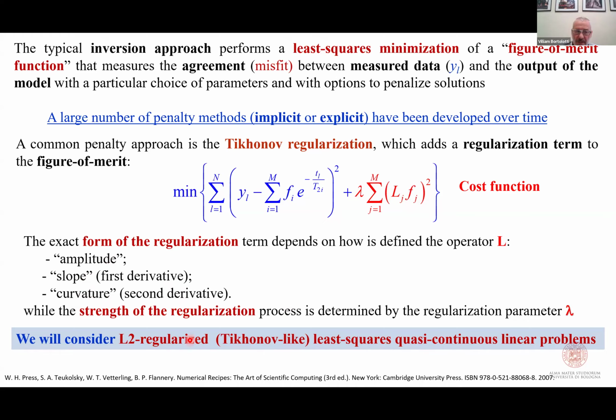This is the Tikhonov-like regularization of the least square quasi-continuous linear problem, using L with the curvature of the distribution. This is called a cost function. So at the end, the algorithm should minimize the cost function.